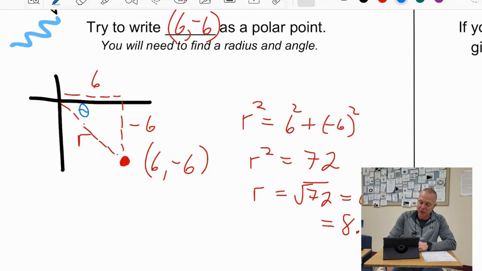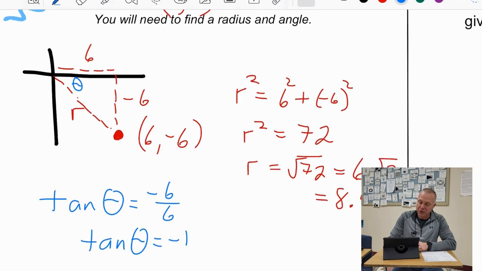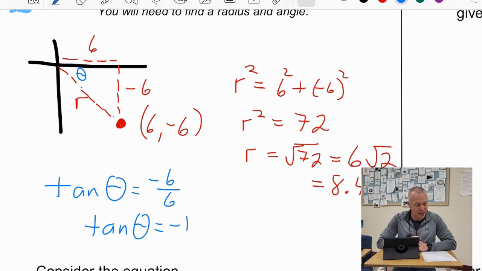That sounds a lot like SOHCAHTOA, so I can set up a nice tangent statement equaling opposite over adjacent. Now that means that the tangent of theta equals -1, and if you do a little bit of inverse tangent on your calculator, you would end up getting -45.